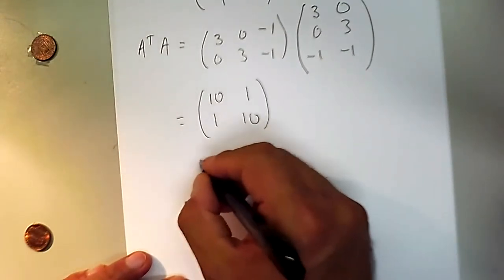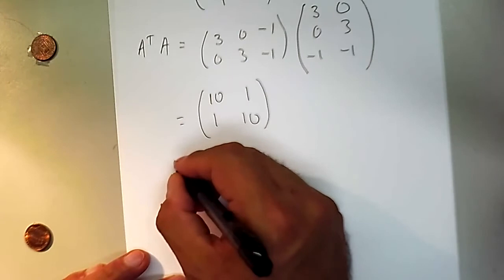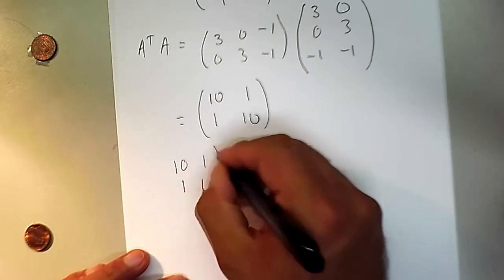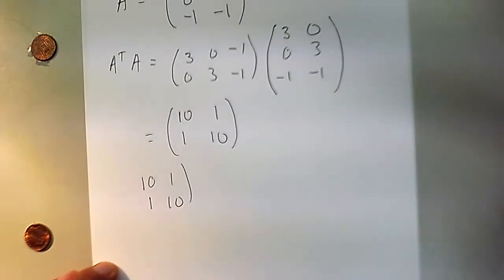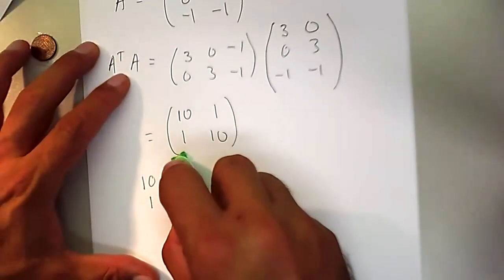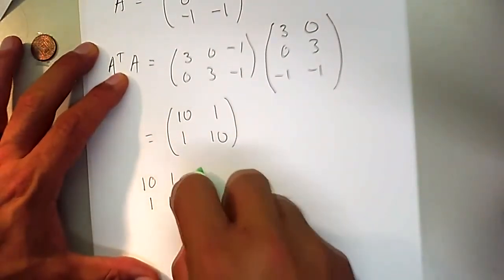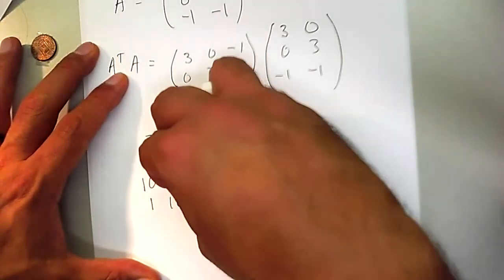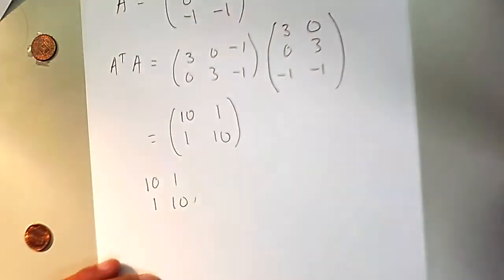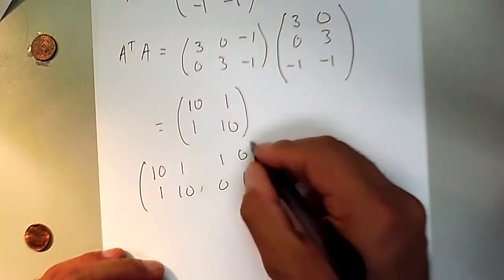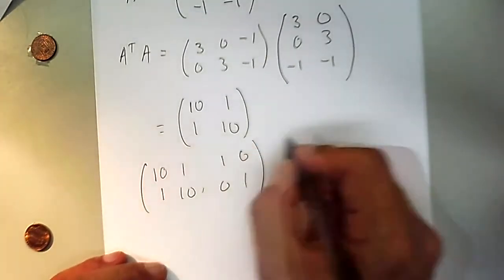Let's see. So the Gauss-Jordan elimination, 10, 1, 1, 10. Oh, I meant to put the unit matrix on the side. So 1, 0, 0, 1. So this is a new thing.